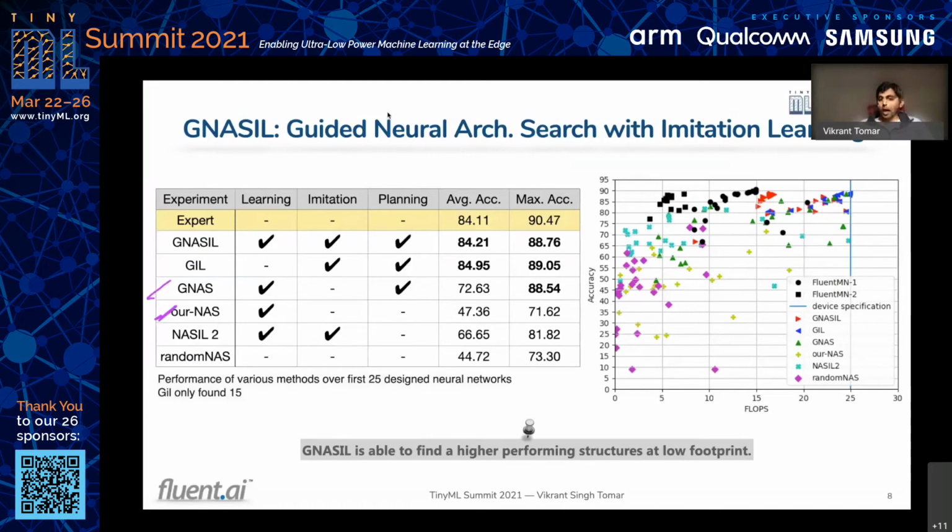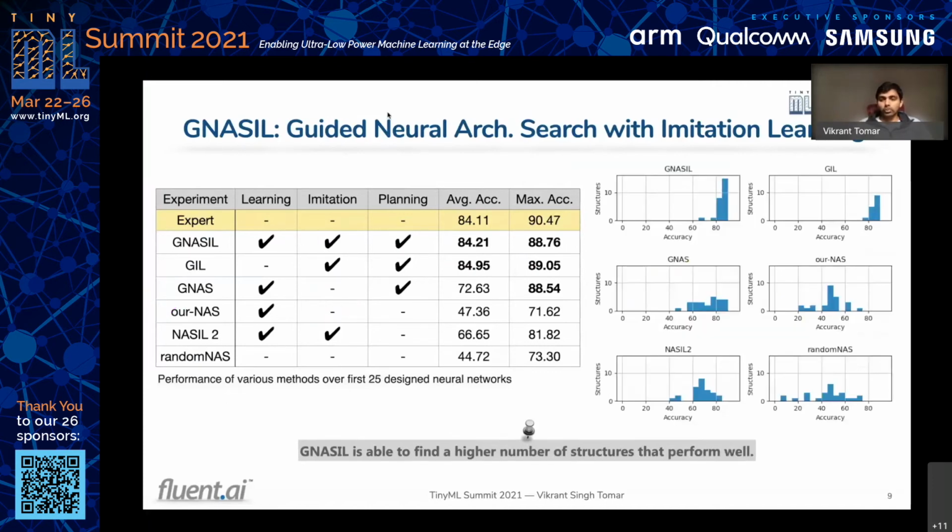They do not have any imitation, and in this case, they are not able to perform as well. So the average accuracy for both of these is much lower, and even the maximum accuracy, it's able to maybe reach there in terms of maximum accuracy, but for GNAS, you will see that most of the discovered architectures are not performing as well. Yeah. Okay, got it. Thank you. So it's the quality of the discovered architectures.